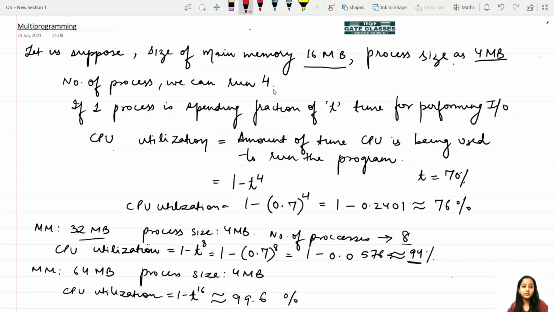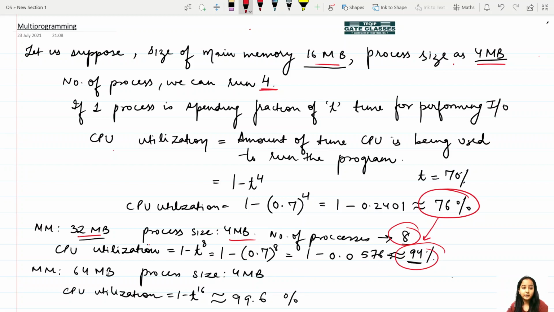See here, initially I have taken the size of main memory 16 MB, process size 4 MB, number of processes 4, and the CPU utilization is 76%. Next I have taken the size of main memory as 32 MB, process size as 4 MB, number of processes 8, so your CPU utilization has increased to 94%.